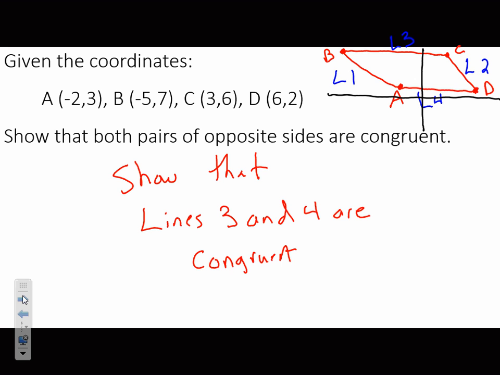And we would do that using the distance formula, just like we did the other two. But for time's sake, we're not going to do all 4, but that is how we would show that both pairs of opposite sides were congruent.